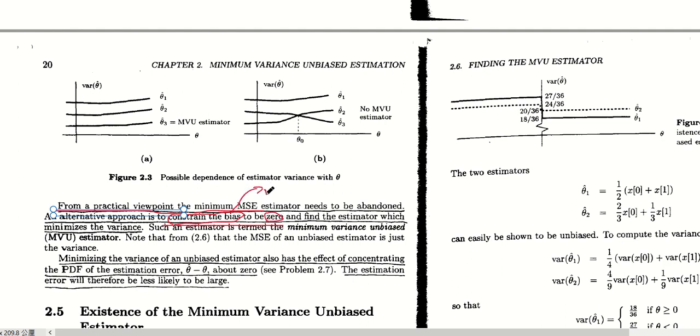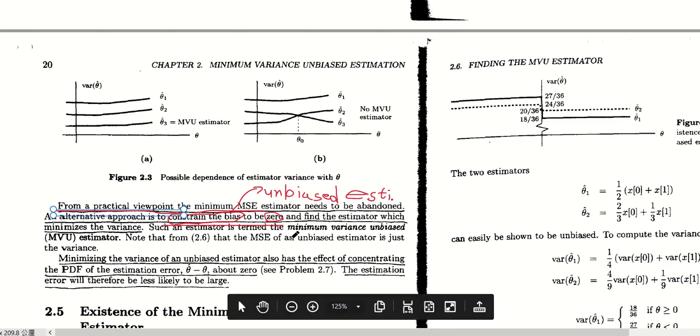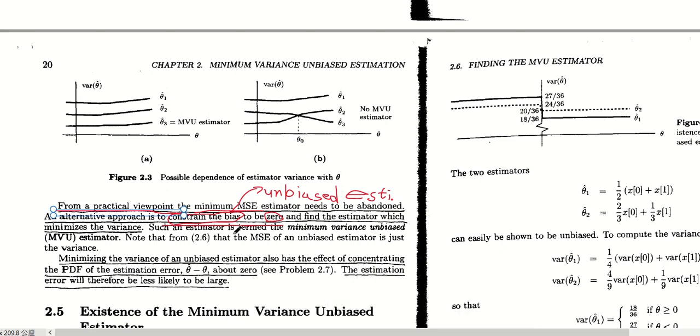Meaning this is an unbiased estimator, and find the estimator which minimizes the variance. Such an estimator is termed the minimum variance unbiased estimator, MVU. So that MVU is an important concept.